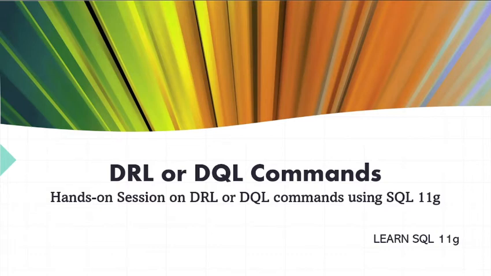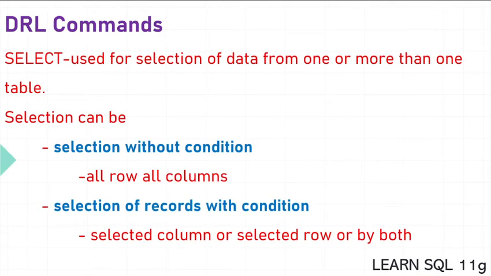So that's fine. Under this category, we have only one command, that is called select. Let's see. So under DRL, we have the select command, which is used for selection of data from one or more than one table.